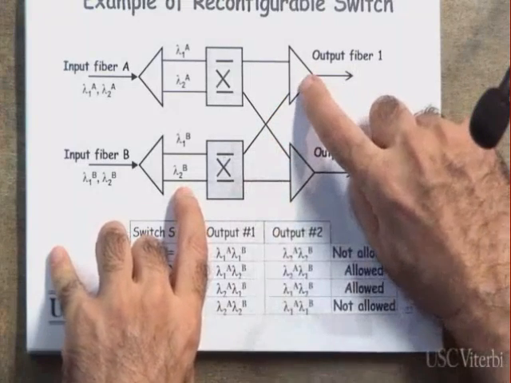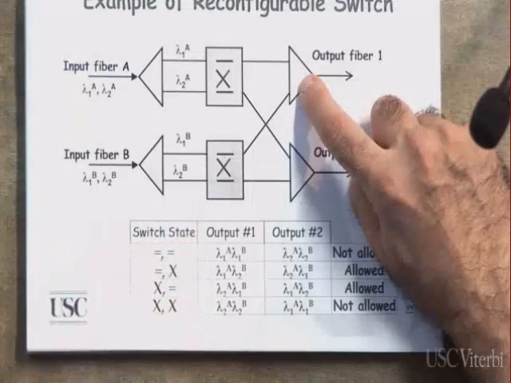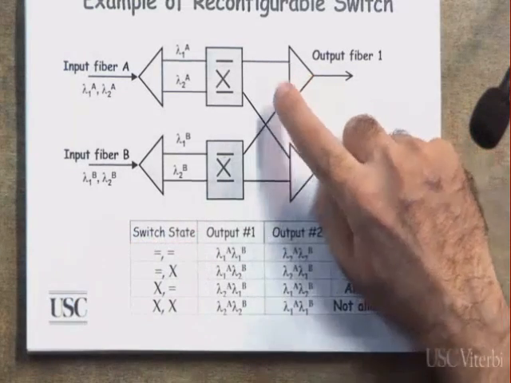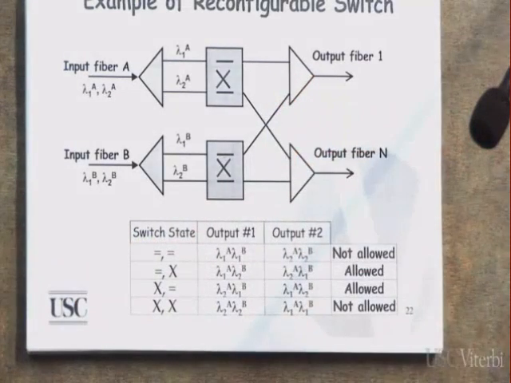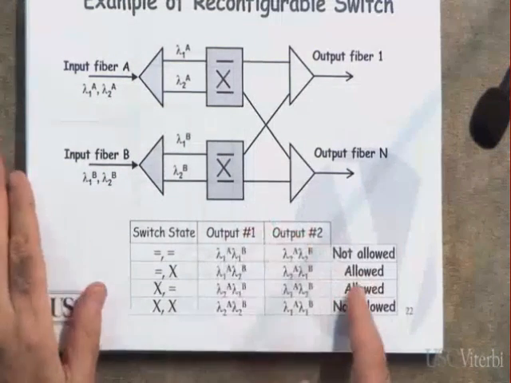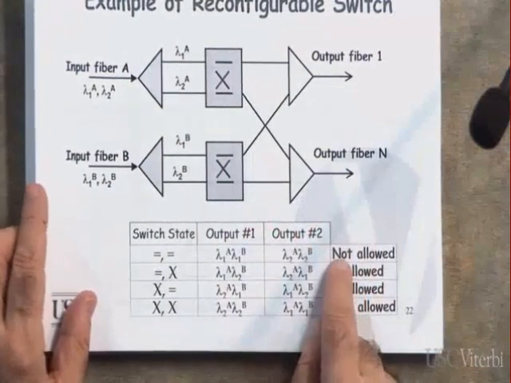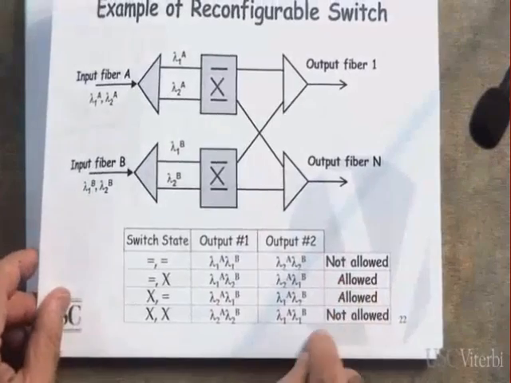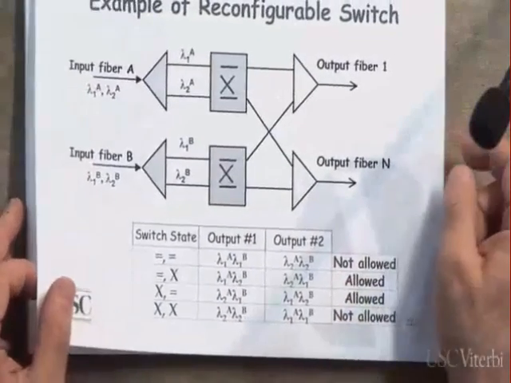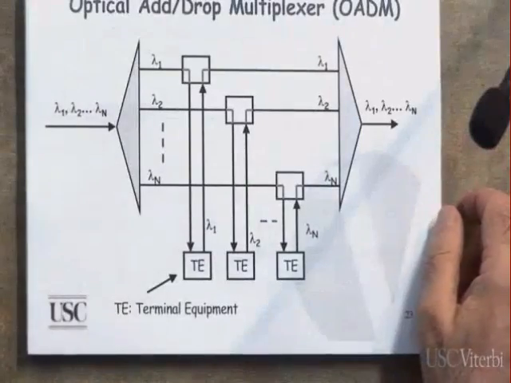Which means the input to this multiplexer will be at the same wavelength, but different information. They will collide with each other. Did you get my point or not? Did you understand it? So this one is not allowed, allowed, allowed. This one is not allowed. Clear?